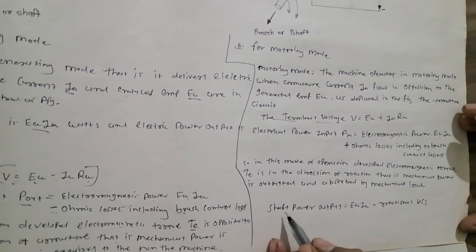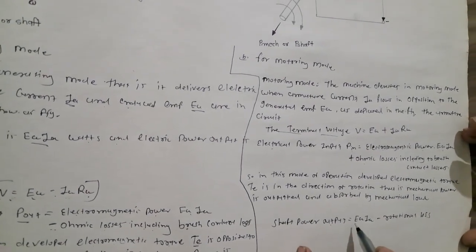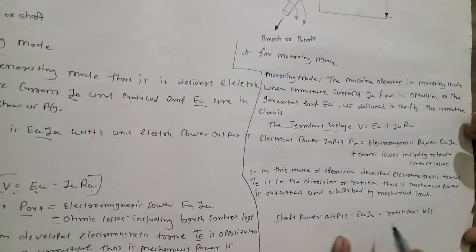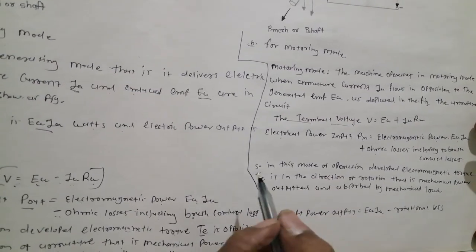Okay, the shaft power output is equal to EA IA minus rotational loss.